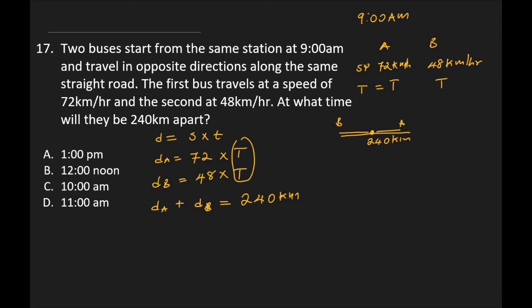So A distance plus B distance at this time should be 240 kilometers.